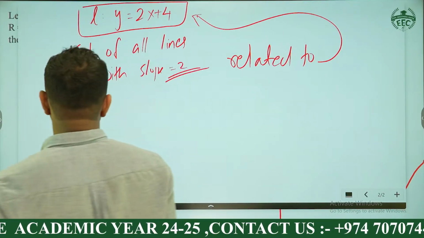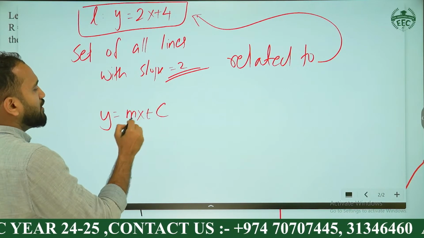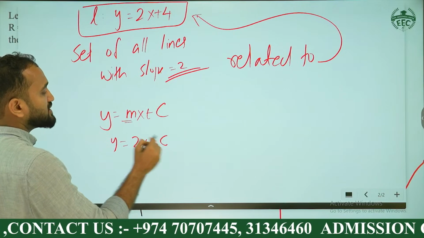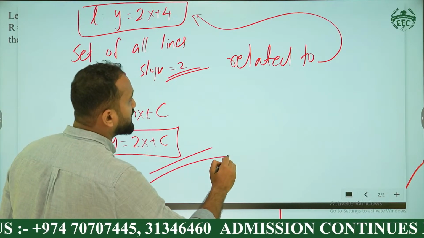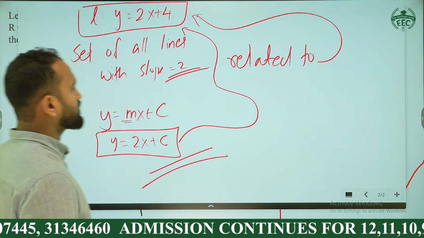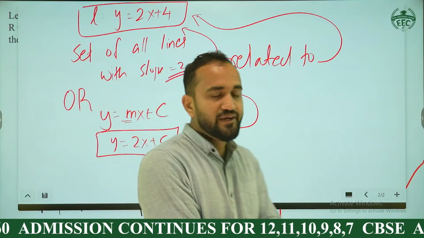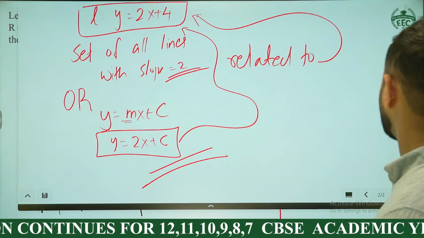Now how to represent the equation of a line? y is equal to mx plus c, where the slope m happens to be 2. Therefore y is equal to 2x plus c is the general formula of the family of lines that are related to the line y is equal to 2x plus 4. Got the point? Any doubts? Fine.